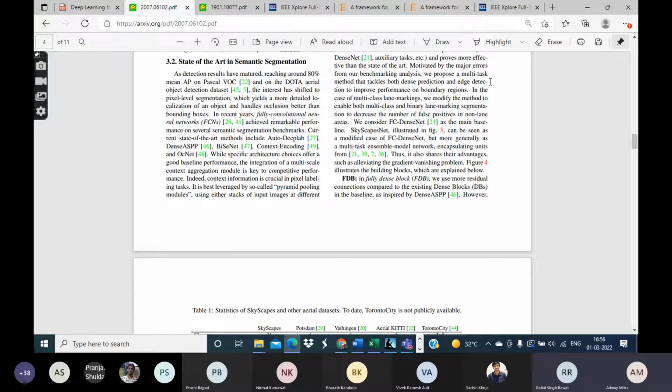We want such boundaries to be very prominent, and for that purpose what we need is good edge detection. The edge pixels have to be identified correctly. According to their claim, the neural network they have built is able to do this edge detection properly.